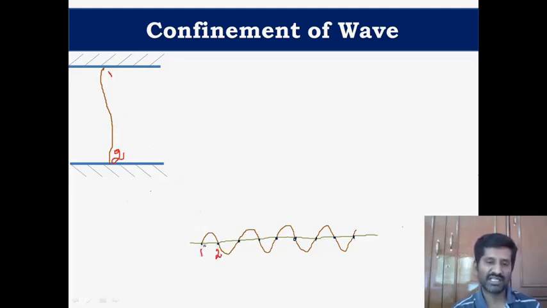So the length of the string is equal to lambda by 2. One more possibility is that the second equilibrium position may be here, so the length of the string is equal to the wavelength lambda. Next possibility, the second end may shift here or here or here.